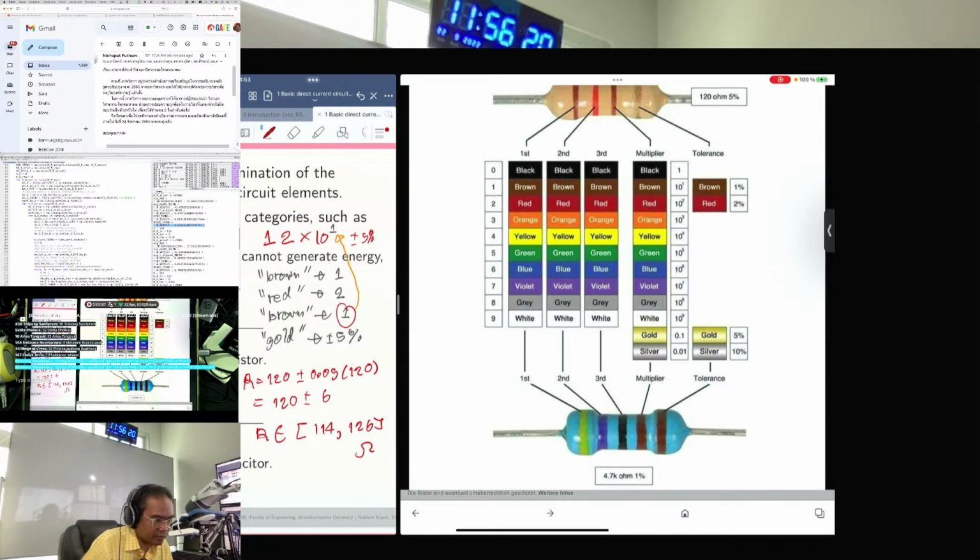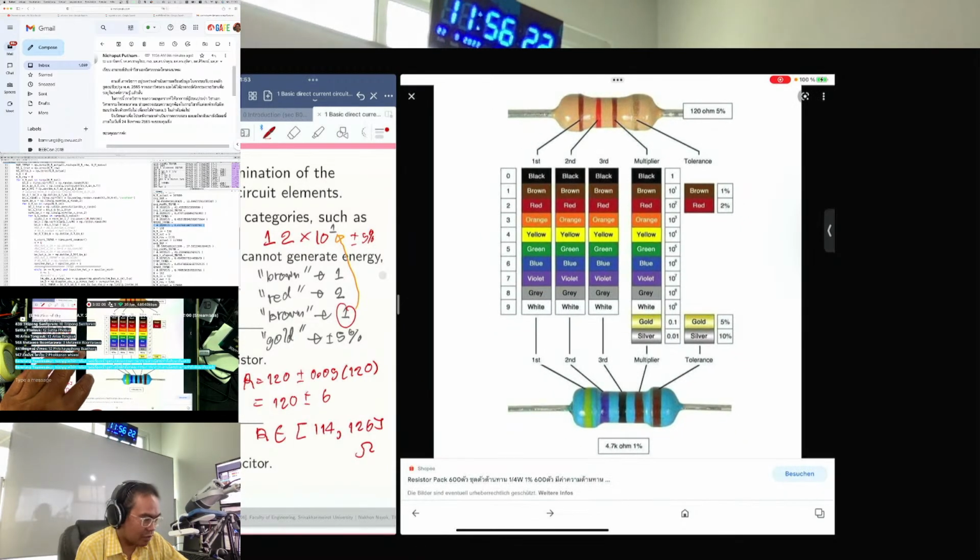We cannot get the exact value of the resistor because it's very expensive in order to get the resistance of a certain amount. And moreover, the resistance sometimes depends on time. If the surrounding temperature is high, the resistance value can also increase.